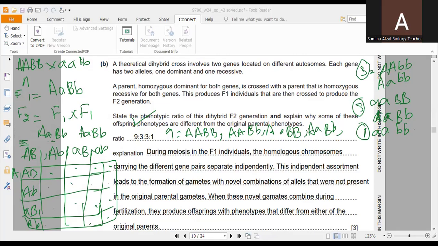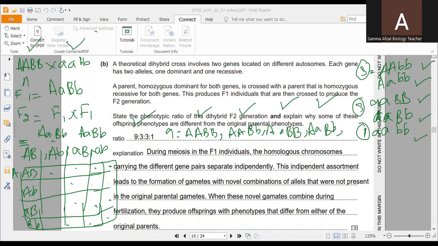You can see the original parents. These were the original parents. As a result of meiosis, you can now have these different types of combinations, which are not exactly the same as the parents. Many different combinations have been produced.